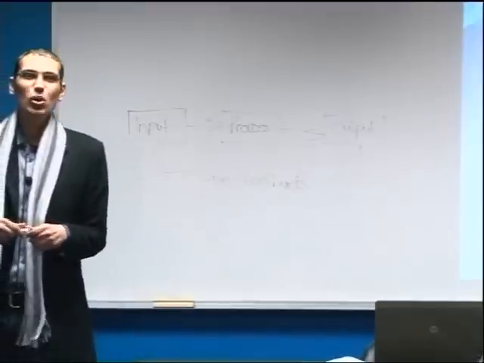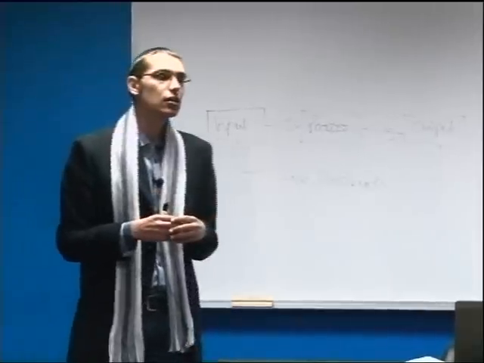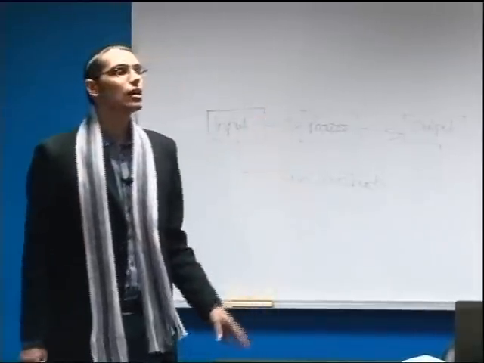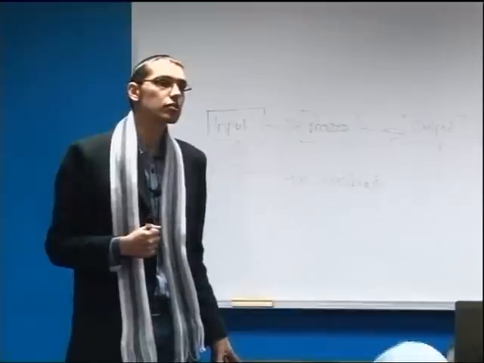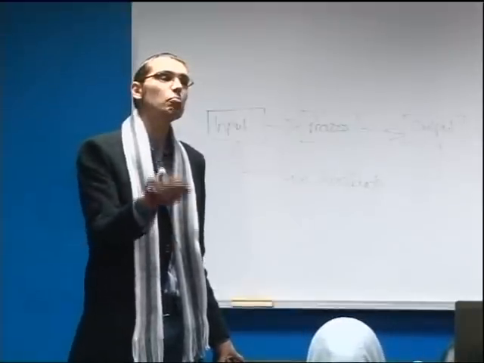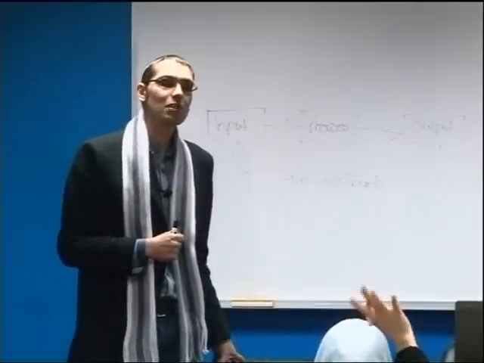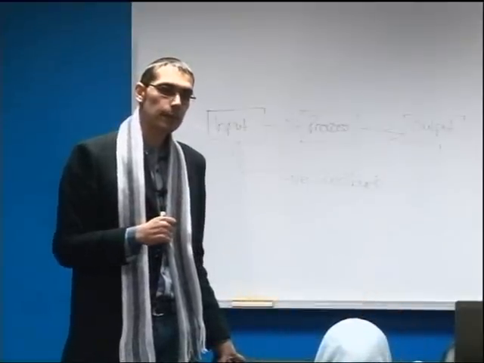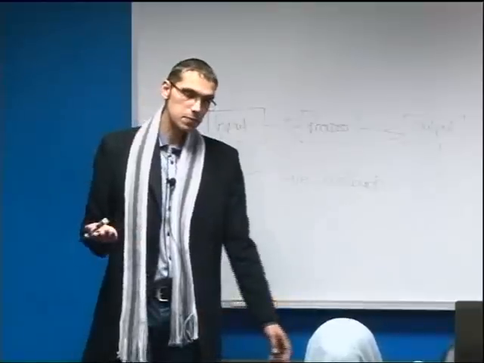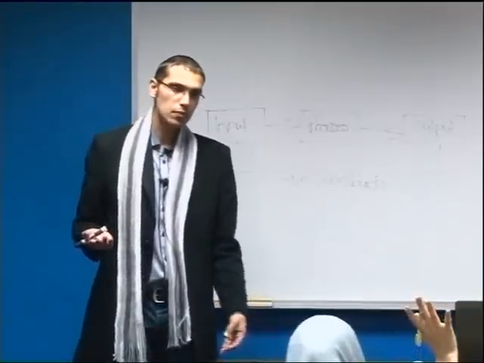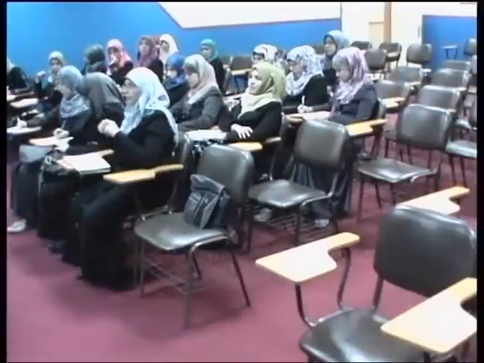So, who can tell me what are the components of the first component, which is input? What are the inputs of any cost accounting information system? Information resources. What do you mean by information resources? Data, documents.